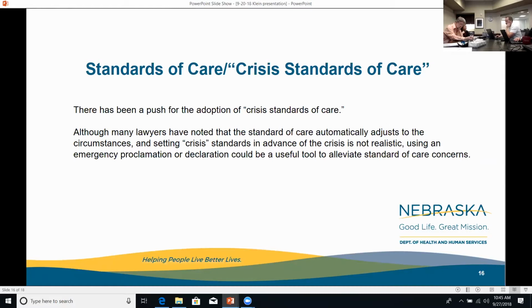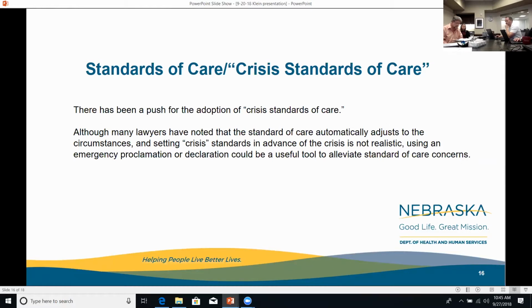Now, lawyers look at this, and we don't really think that there's a need for it, which I'll get into in a minute. But one of the stumbling blocks early on in the discussion of this is when you talk about crisis standards of care or altered standards of care, we were seeing a little bit of a disconnect. People took it to have different meanings, and there seemed to be a little bit of a split between healthcare facilities and healthcare professionals.